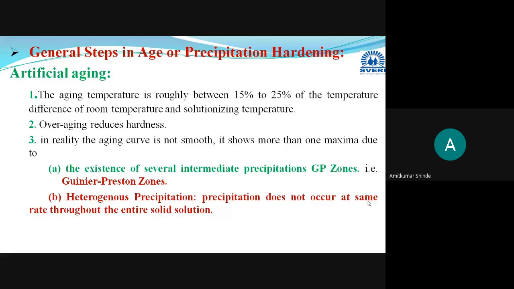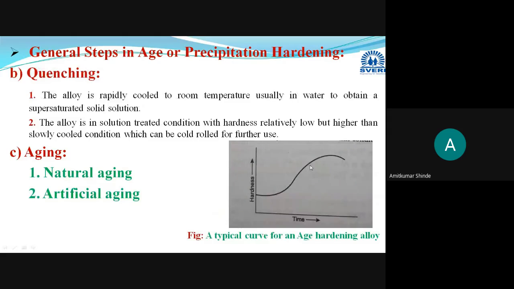This is termed heterogeneous precipitation, and it triggers the formation of GP zones. Due to this, the real aging curve is not so smooth, and it shows more maxima. That is the difference between the natural aging curve and the artificial aging curve.